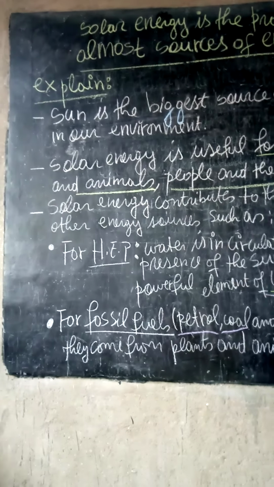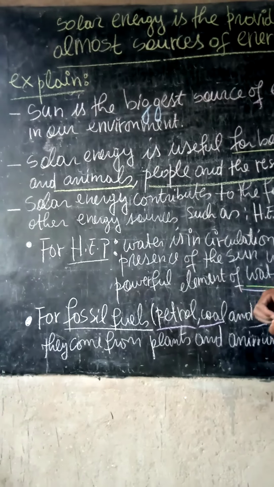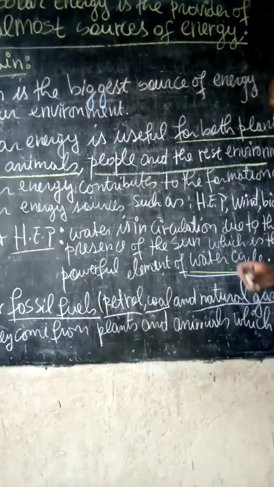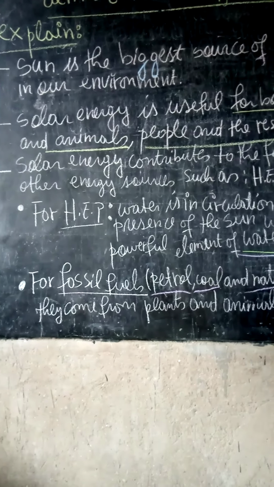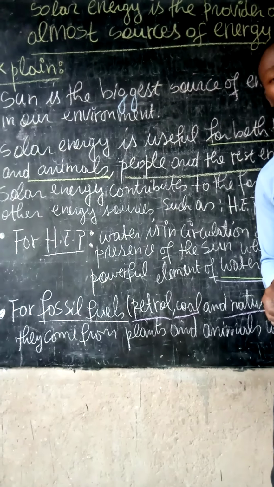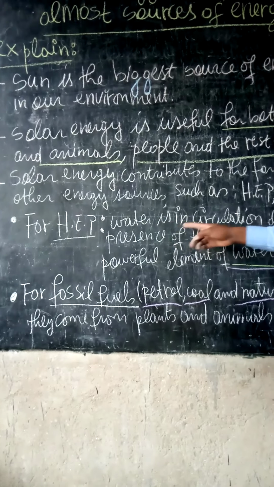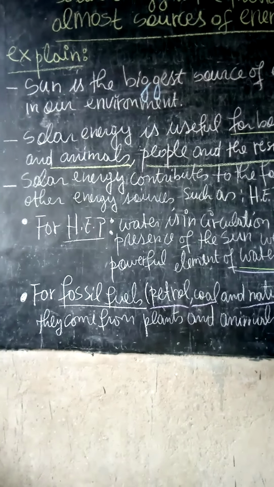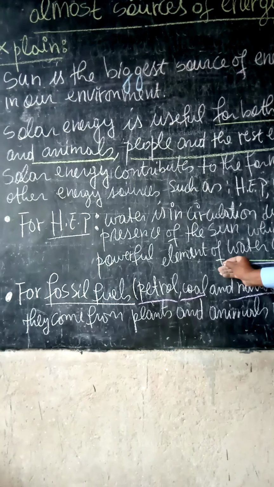Solar energy contributes to the formation of other energy sources such as hydroelectric power, wind energy, and biomass. For example, for hydroelectric power, water is in circulation due to the presence of the sun, which is the powerful element in the water cycle.